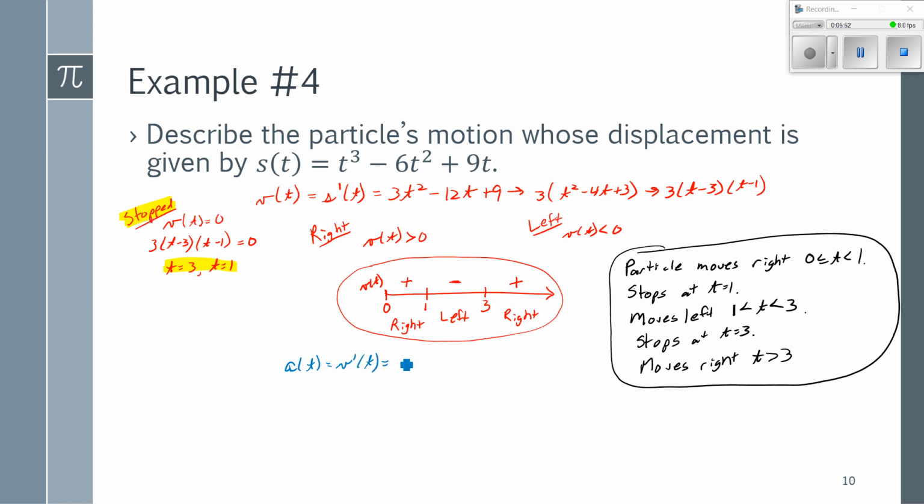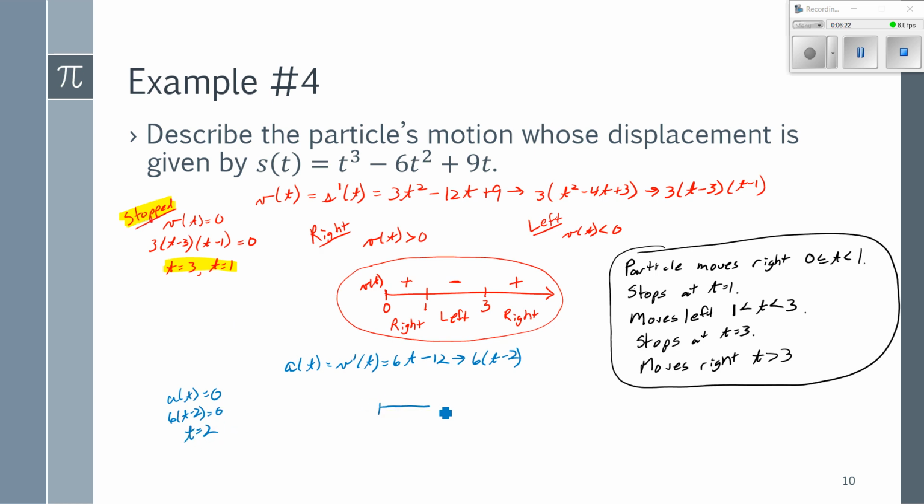And that would be 6t minus 12, or if I factor that, pull a 6 out, 6 times t minus 2. I'm actually going to take the same approach as I did with velocity, because I want to know where's the acceleration 0, where's the acceleration positive, where's the acceleration negative. Well, acceleration is 0 when 6 times t minus 2 is 0, meaning at t equals 2.